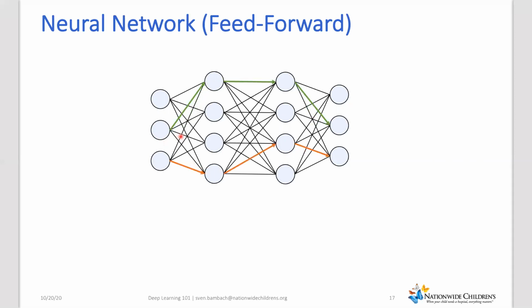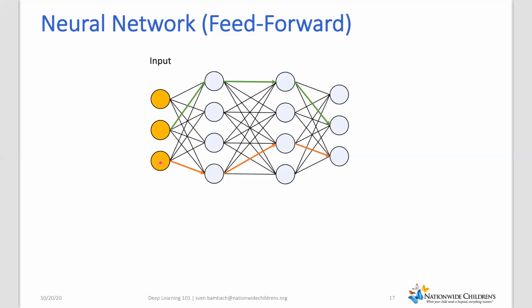And then, in order to make this a model that can predict useful stuff, we impose a direction. As you can see, I put some arrows in here that go from the left to the right. What we actually end up doing is we take some input, which could be any kind of data. So let's say those are 3 numbers.